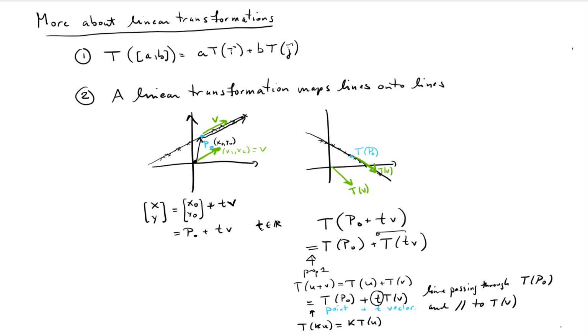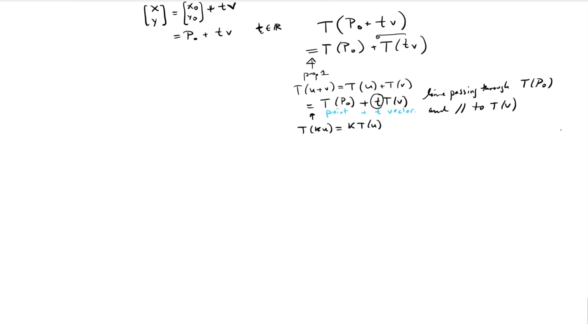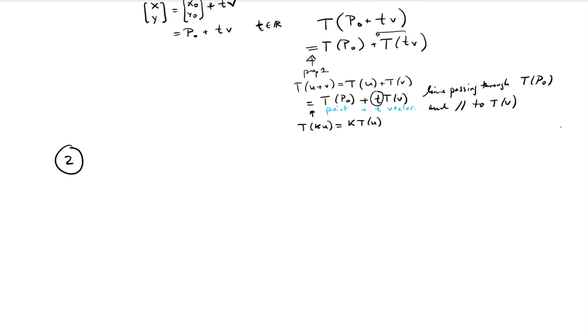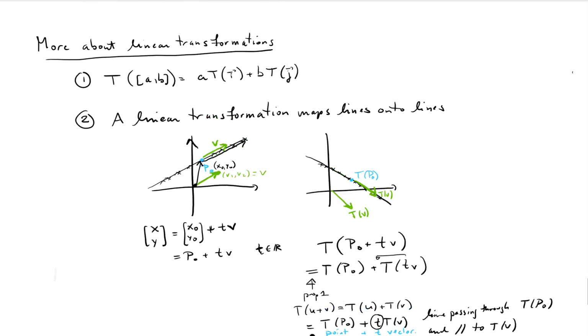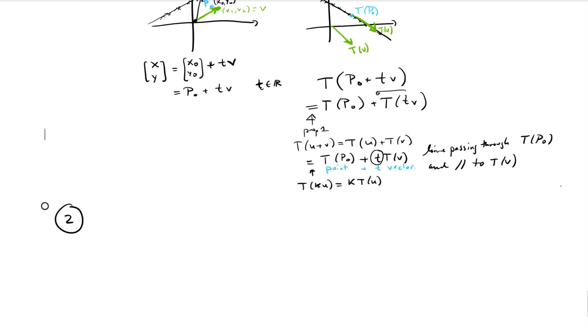That's also a line. That shows you that all these points are mapped onto other points that are part of a line. I was going to say something else, but I need to do property number 3 first.